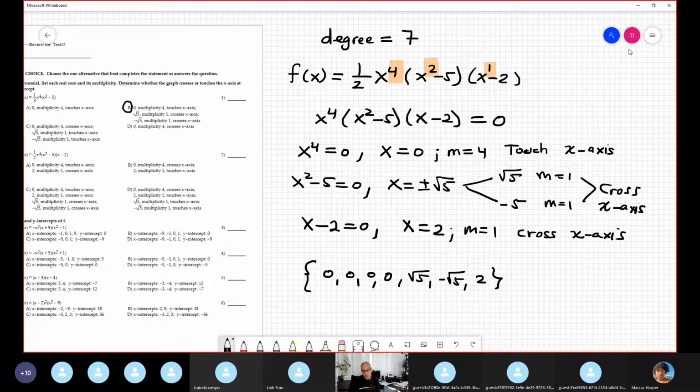Not necessarily always, but in this case, yes. So, 0 multiplicity 4; 2 multiplicity 1; radical 5 multiplicity 1, cross; and negative radical 5 multiplicity 1 and cross.